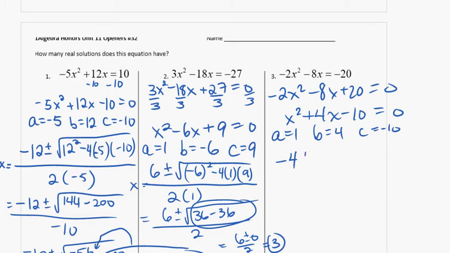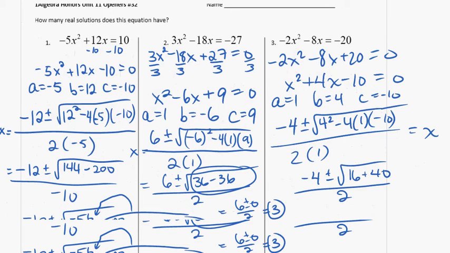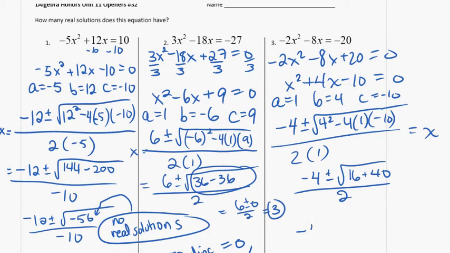Minus b plus and minus the square root of b squared minus 4 times a times c, all over 2a, is equal to x. So this gives me minus 4 plus and minus the square root of 16 plus 40, all over 2, which simplifies to minus 4 plus and minus the square root of 56 over 2.